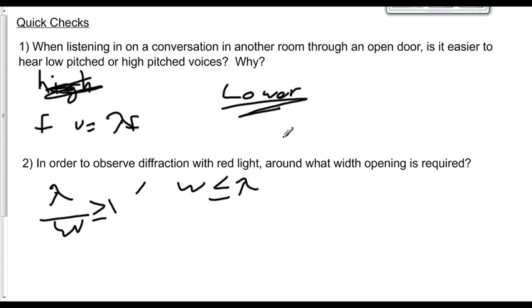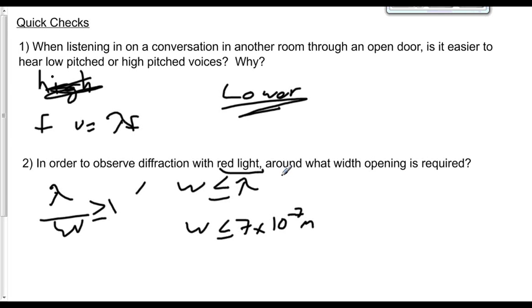So we need to figure out what the wavelength of red light is. You can look that up if you don't know, but it's around 700 nanometers. So the width of this opening needs to be less than or equal to 700 nanometers, which is written as 7 times 10 to the minus 7 meters. So that's an incredibly small opening.